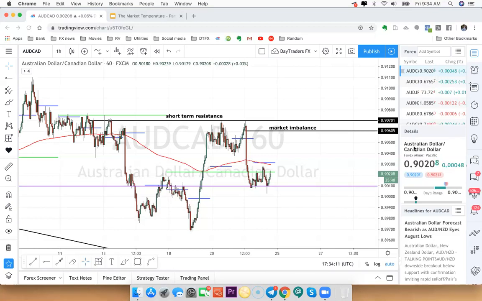We don't see anything happen there. Interest rates have been near zero for years and years. It's just very stable, and they're not really susceptible to too much happening.